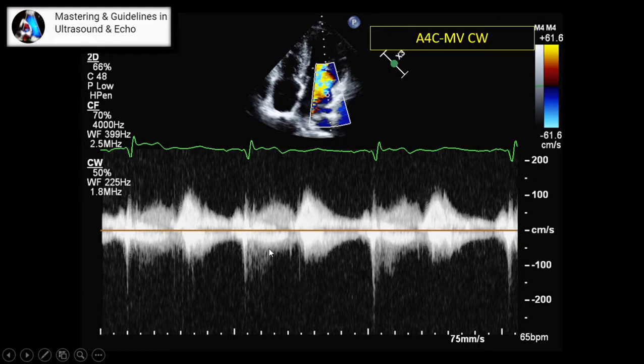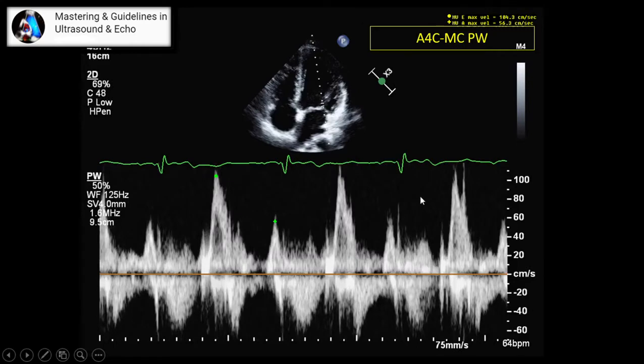Here we have a little trace, as you see, a negative shift during systole. This is the systolic phase, so during systolic phase we have a trace jet here. Just keep it in your mind; I am going to explain what is going on later.